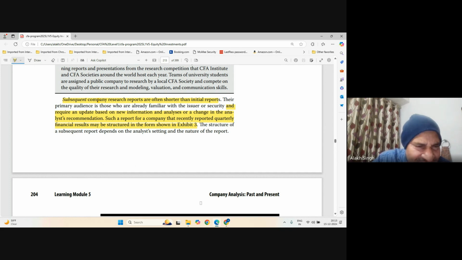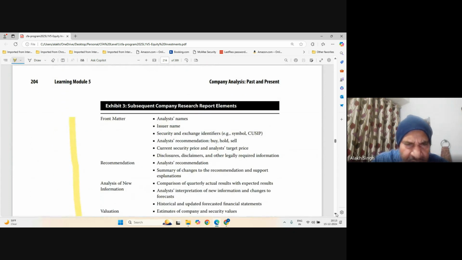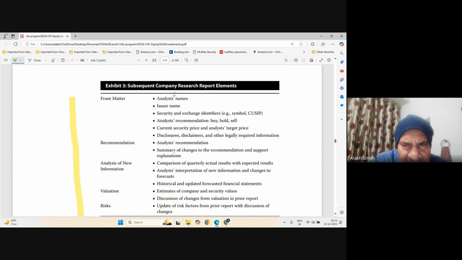Okay, so that was the structure. Now, what will a subsequent company research report contain? Front matter will have the analyst name, issuer name, and risk will always be there. Analyst recommendation, which is the return part, and then the risk part is also there. These two will always be there in every report: return and risk, and based on these two, the analyst recommendation.